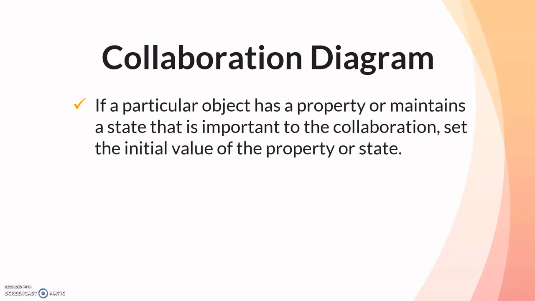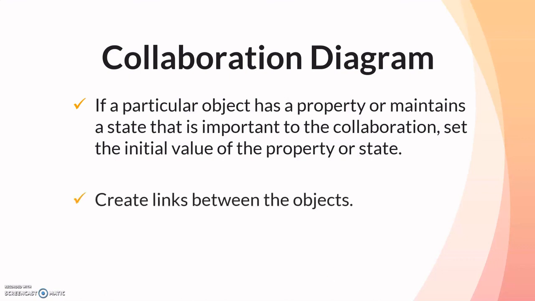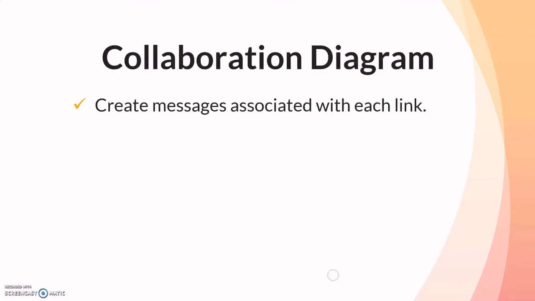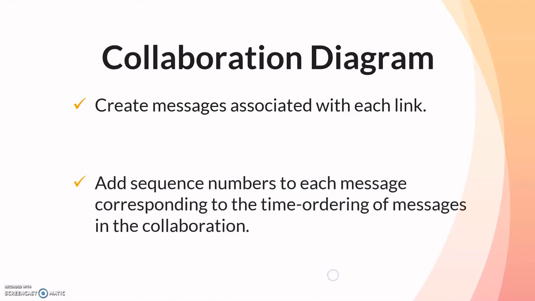Then create links between objects. These are the steps which we have to follow for drawing a collaboration diagram. Now create messages associated with each link and add sequence numbers to each message corresponding to the time ordering of messages in the collaboration.